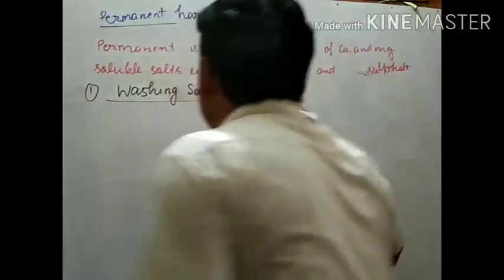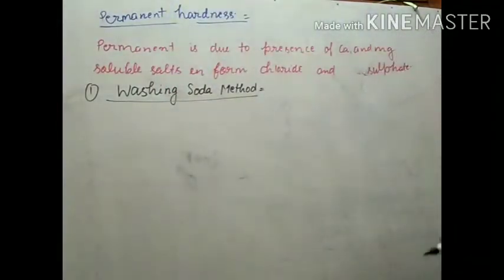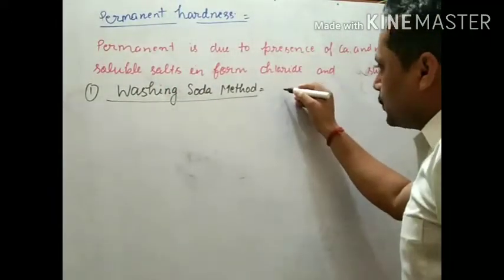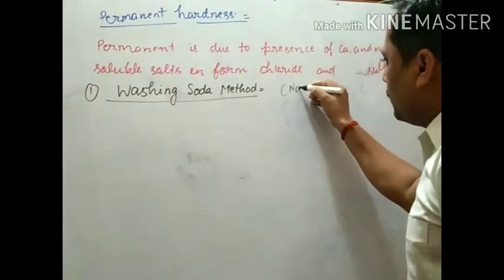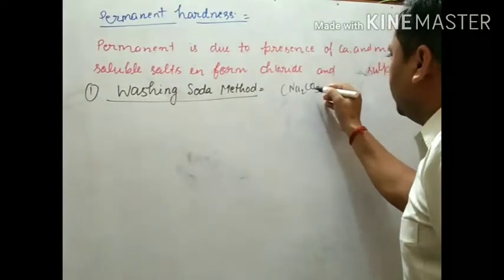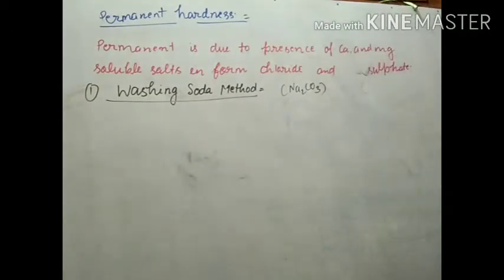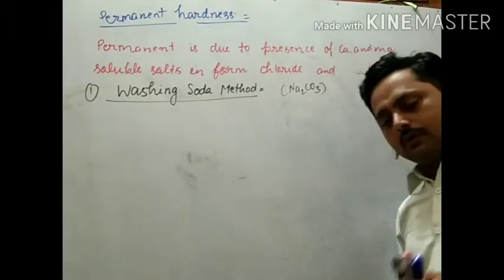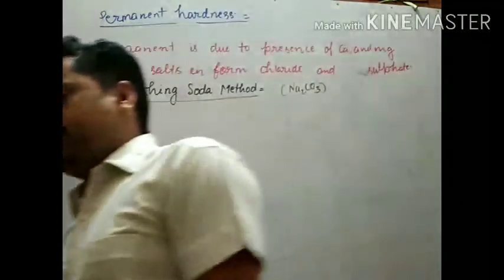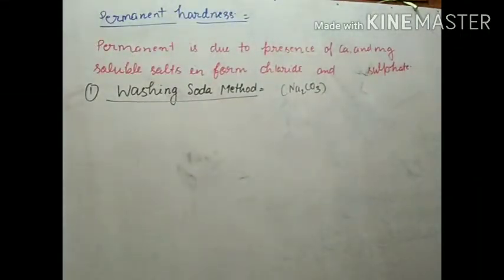You know the formula of washing soda is Na2CO3. If we use this washing soda, we can remove the permanent hardness.